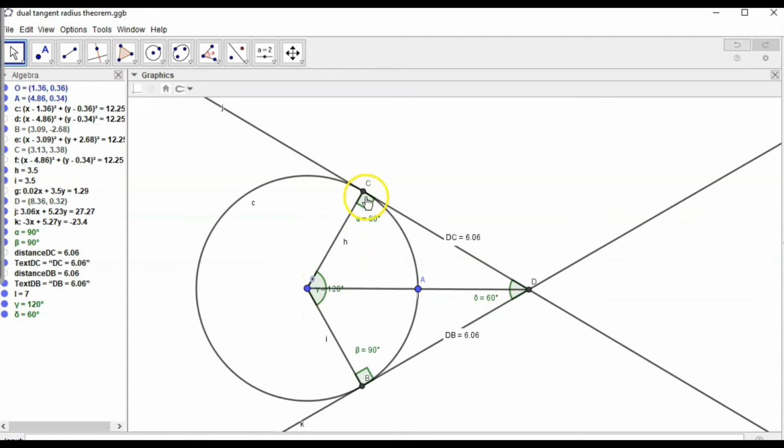Likewise, the two angles at the intersection between the radius and tangent, 90 and another 90, also give 180 when you sum them up. So when the two tangents and the two radii intersect, the opposite angles add up to 180 degrees. Likewise, the sum of all the interior angles gives 360 degrees.